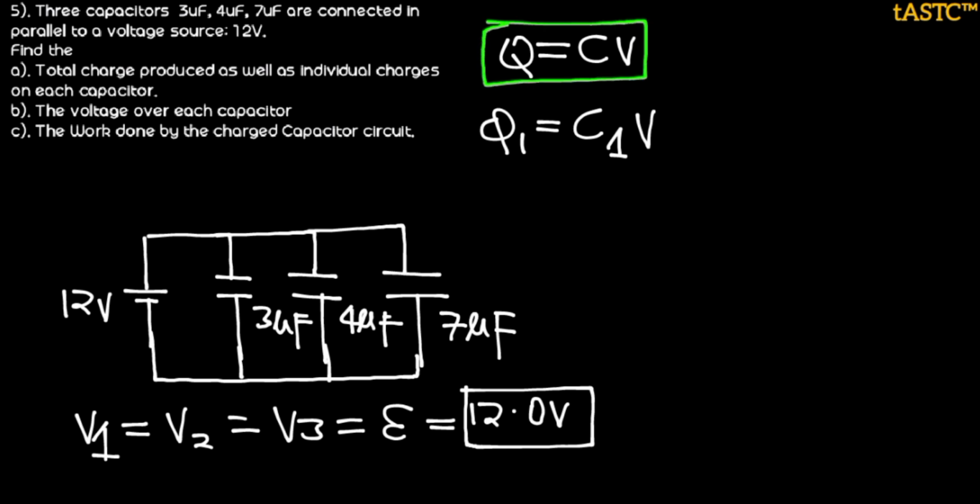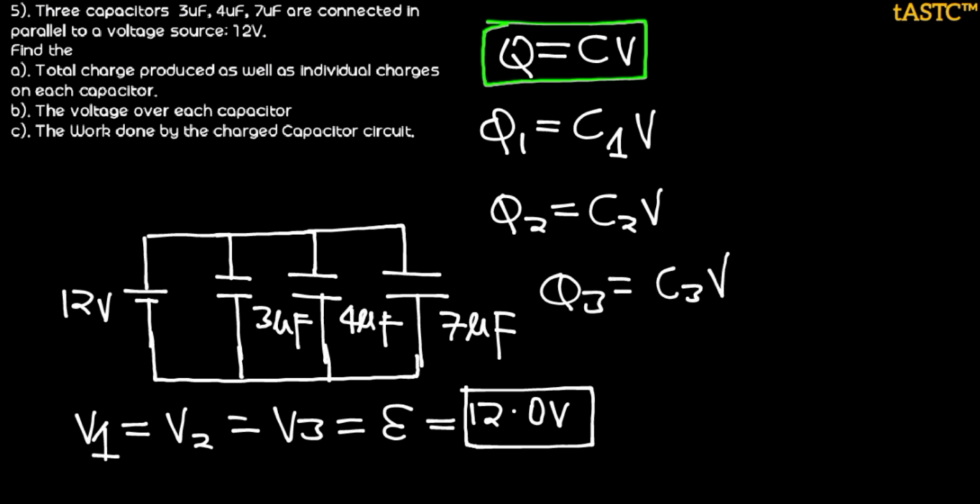So the first charge is C1 multiplied by V. Now Q2, the second charge, will be C2 multiplied by V. Q3 is equal to C3 multiplied by V. So we know these voltages are always going to be the same. So you don't really need to worry about that.